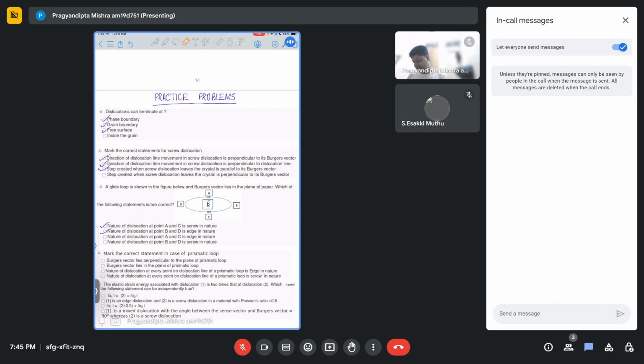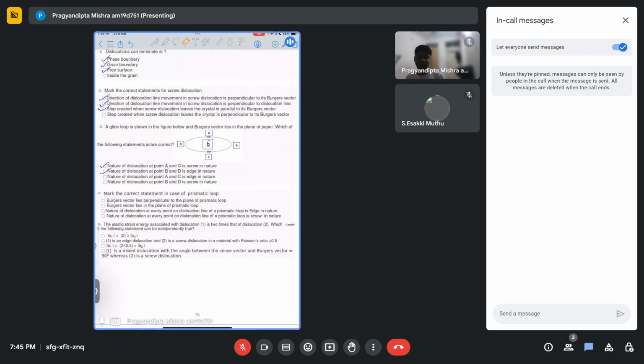Next question. Again, mark the correct statement in case of prismatic loop. We already saw what kind of prismatic loop we have. They are saying Burgers vector lies perpendicular to the plane of the prismatic loop. That is correct. Burgers vector will always lie perpendicular to the plane of the loop, whether it's prismatic or non-prismatic.